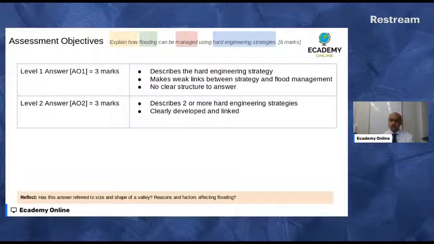And the way you can do that is making sure that you plan out what you're going to write before you start writing the answer. So make sure that you are highlighting the keywords from a question and making some annotations just above the question or below the question. And then that will give you some form of structure. And then you can think, right, in the first 2 or 3 lines, I might write that, and then follow that by another couple of points, and then so forth.